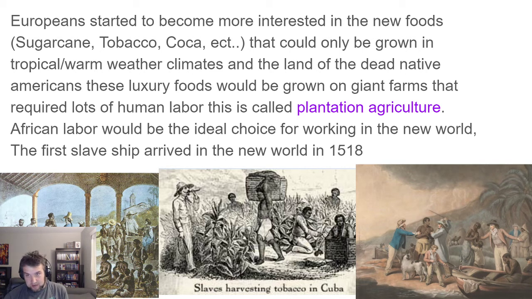They're all very labor intensive. There's a whole lot of free tropical land now in the New World because the natives got wiped out from smallpox. So all these uninhabited islands are now going to get populated by a European slave master bringing over slaves from Africa. And this whole system is called plantation agriculture.